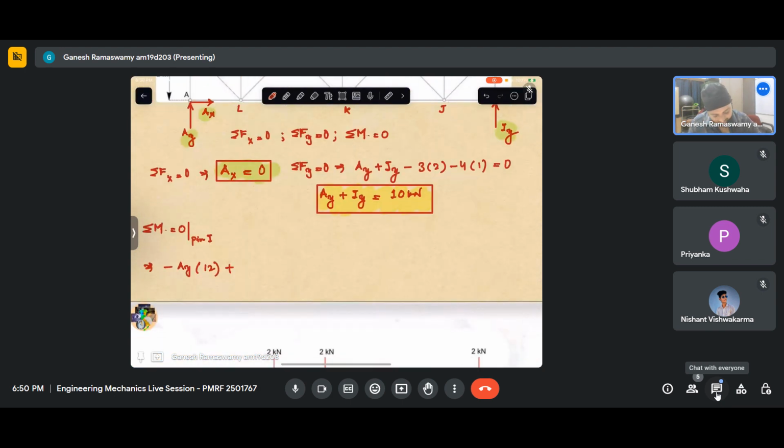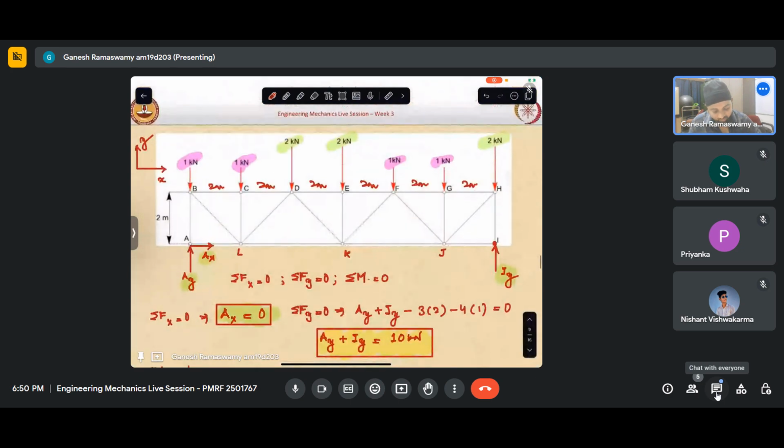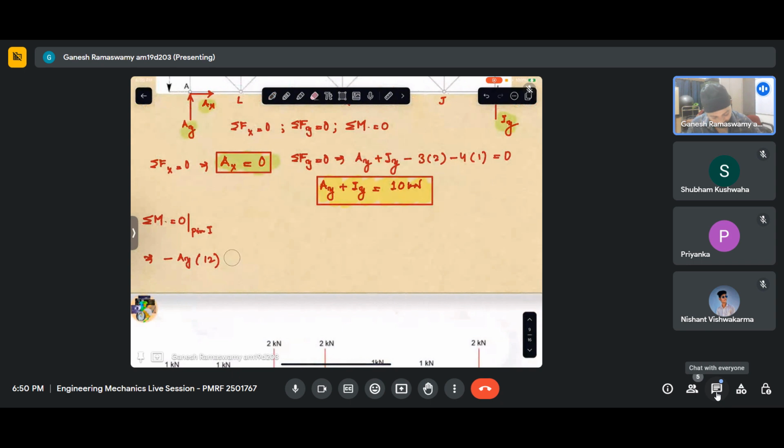Plus all these forces are pointing downwards. So about I, all these forces will have anti-clockwise contribution, which means all these will be positive. Let us see that.